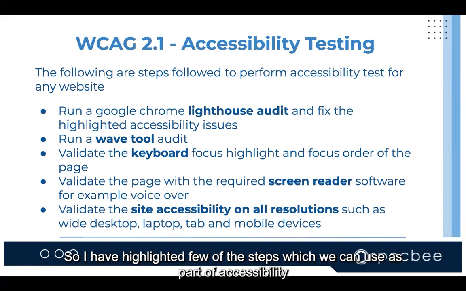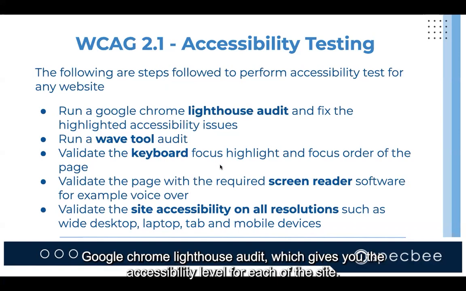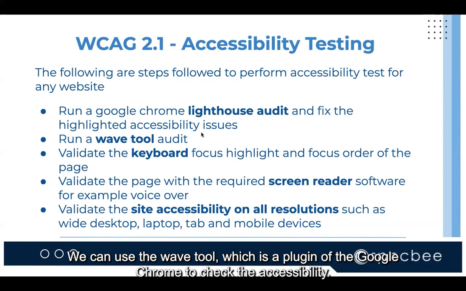I have highlighted a few of the steps which we can use as part of accessibility testing. First is running the Google Chrome Lighthouse audit, which gives you the accessibility level for each site. We can use the Wave tool, which is a Google Chrome plugin, to check accessibility.